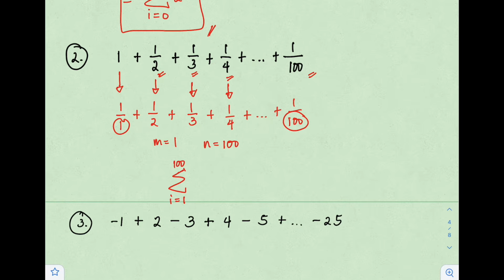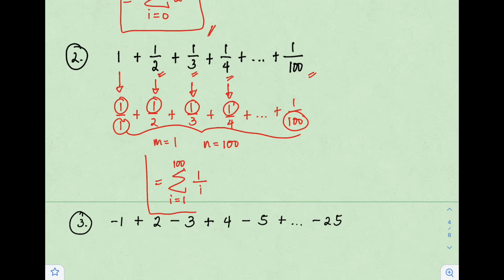As you can see, the numerator is the same, which is constant, which is 1. Then only in the denominator did we apply our lower bound to upper bound. Right? So that will be our I. Okay? So therefore, our sigma notation is the summation of 1 over I from I equals 1 to 100.